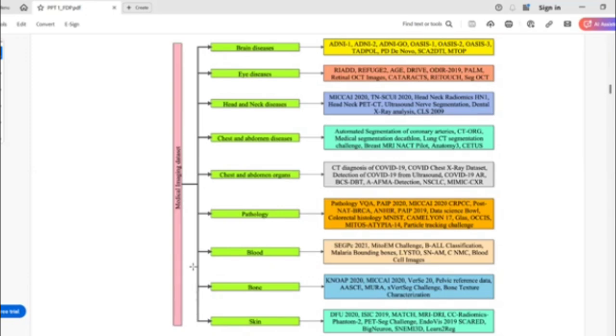These data sets are publicly available. Whenever you want to do any sort of research, you can download the data sets and start experimenting on them. Like this for each and every disease, I listed some of the data sets which are publicly available.